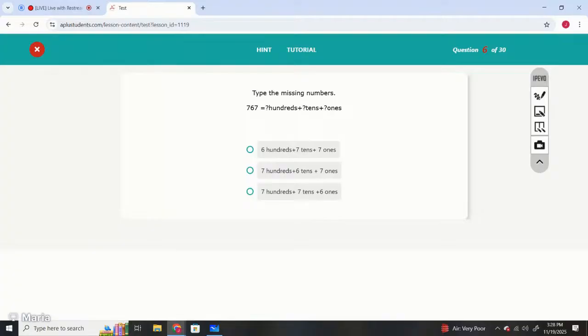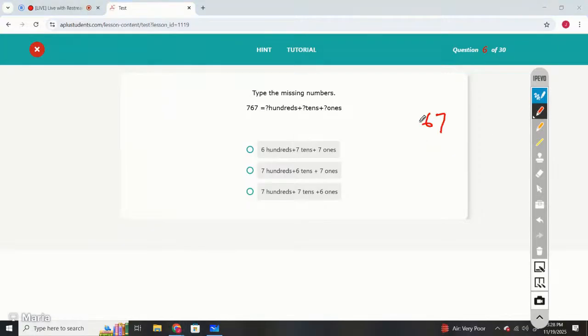Type the missing number. 767. That is, we have 7 ones, 6 tens, and 700.